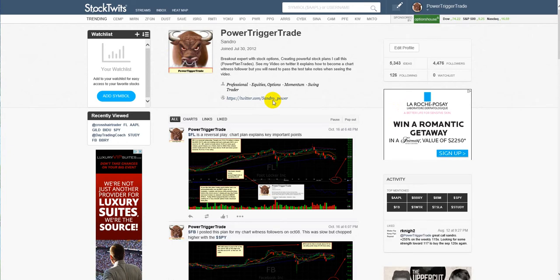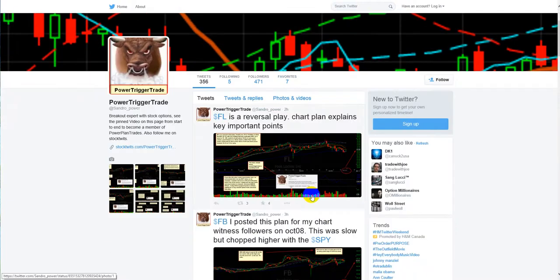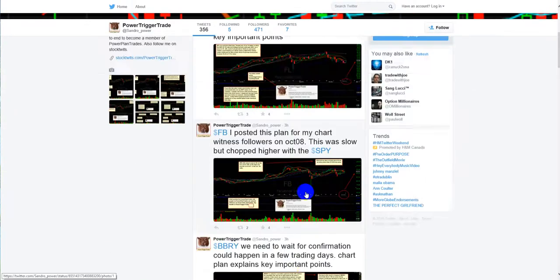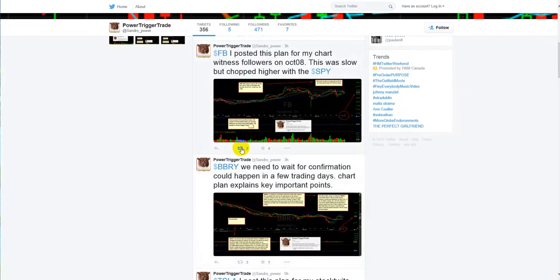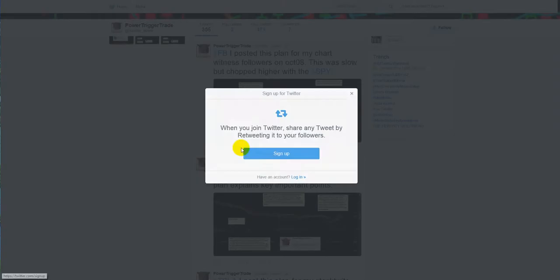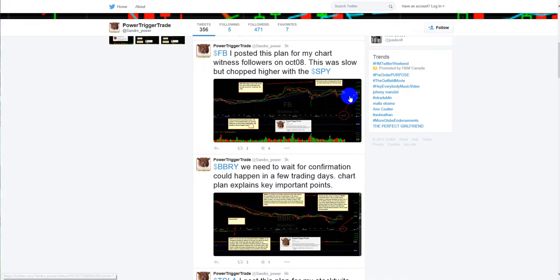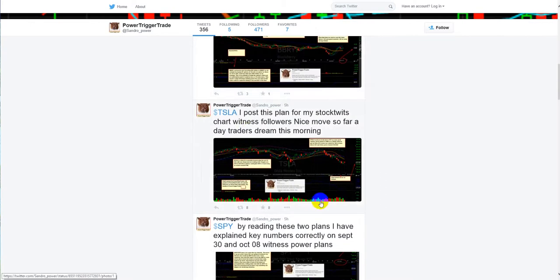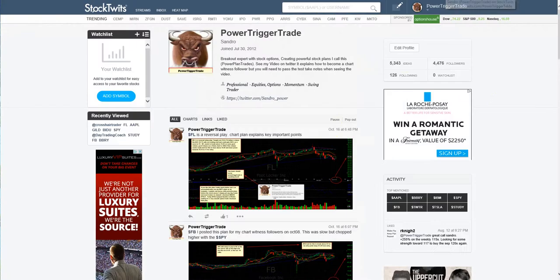One more thing, and this is very important. Basically, what you do on Twitter, you make retweets. Usually when you do, there'll be a box to add a comment, and you can make favorites. So be active that way too on both Power Trigger Trades and Twitter.